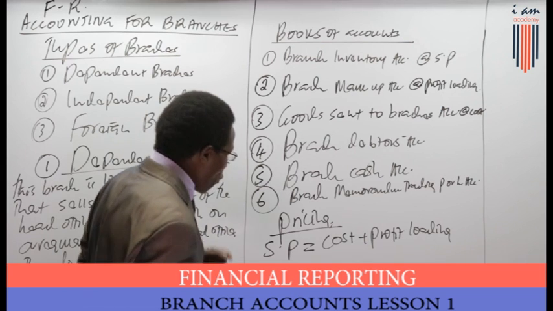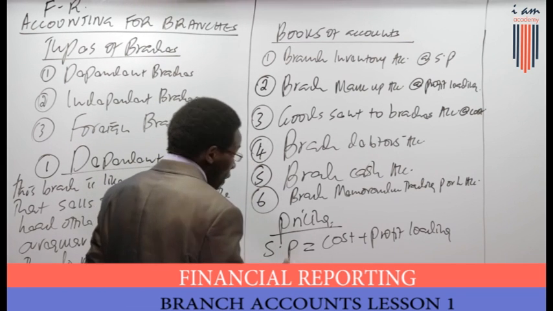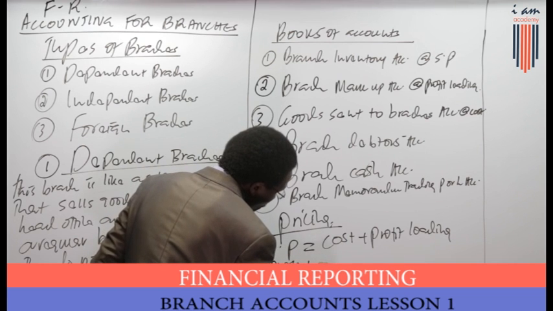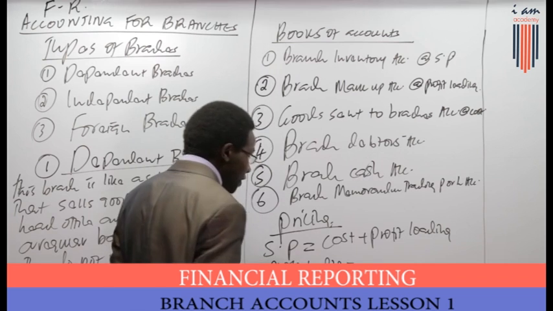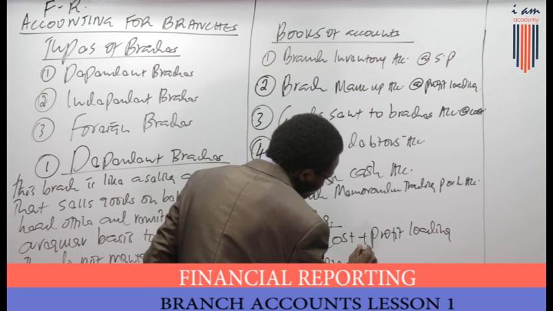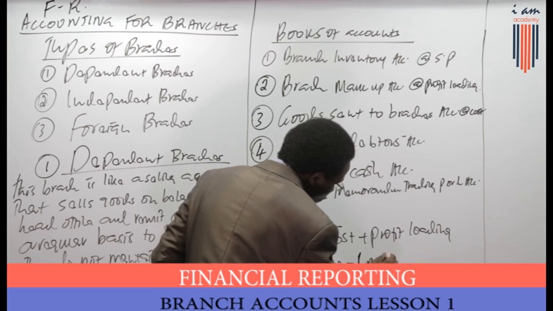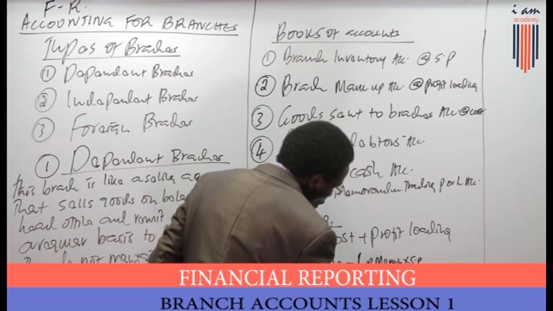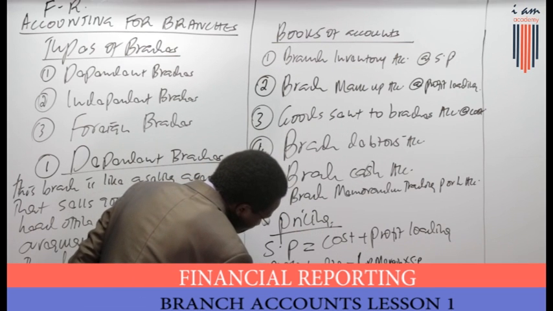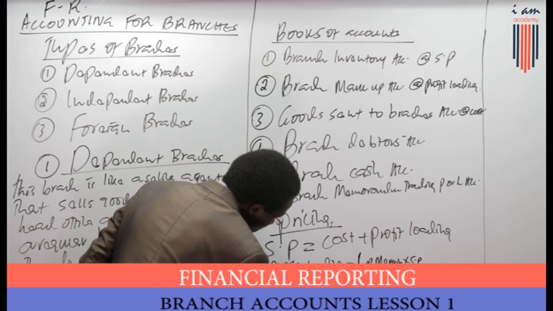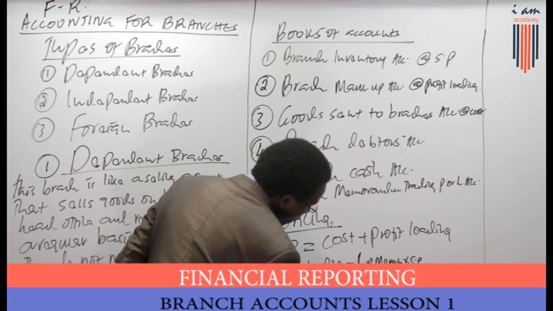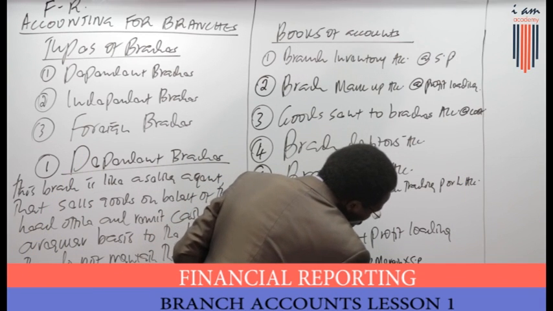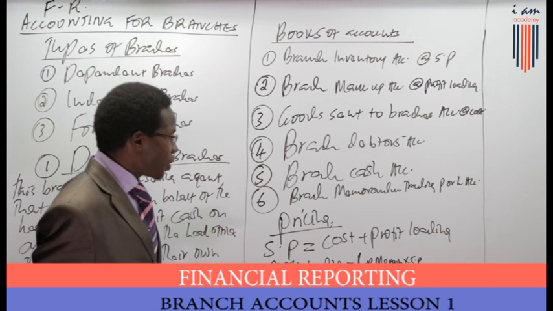When we talk of the profit loading, we can take the gross profit margin, you multiply the selling price, or we can take the markup, you multiply the cost of sales. That's what you need to remember.